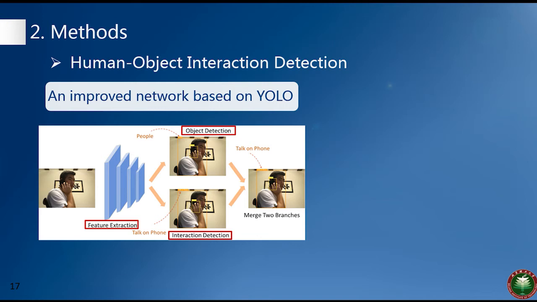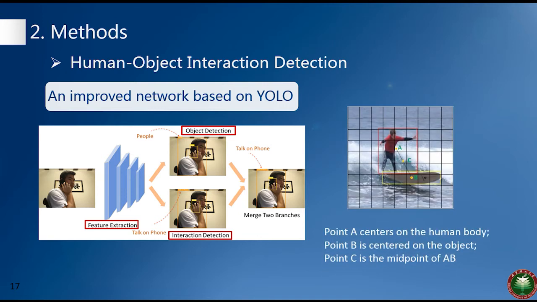One output is the classification probability and the detection frame, and another output is the probability of the interaction relationship and the positioning bounding box. The third part outputs the final result. In order to eliminate the influence of the center of human and object in the detection, the bounding box should be corrected.